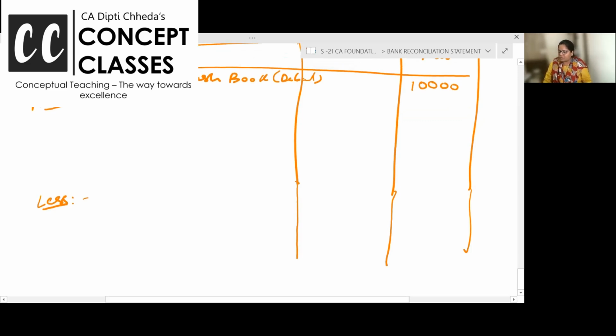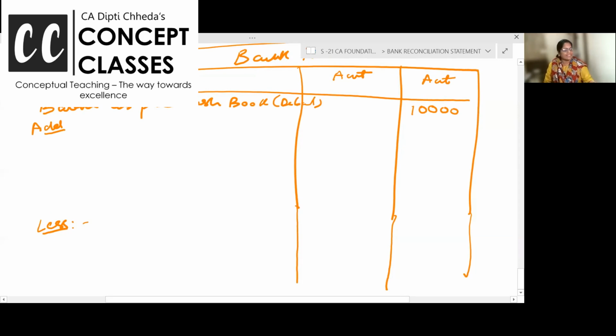Balance as per the cash book, 10,000, right?